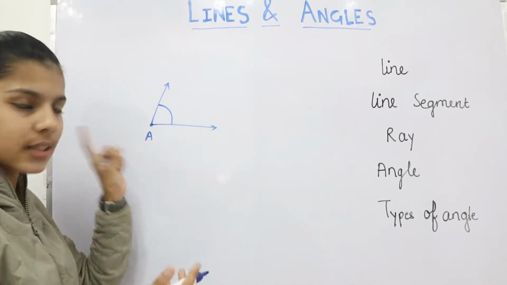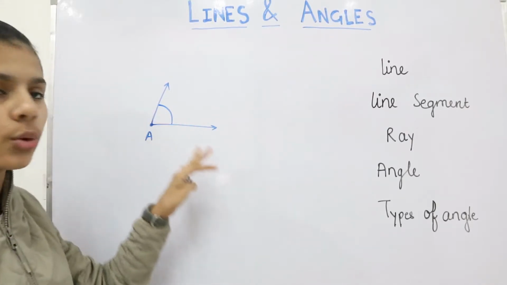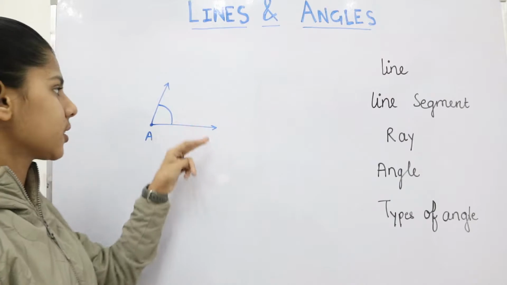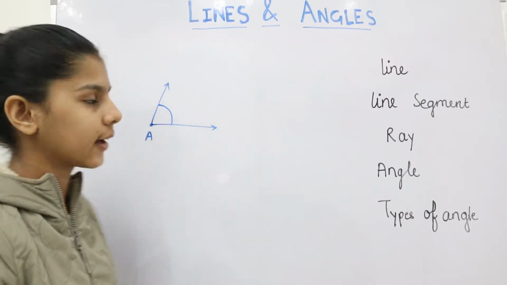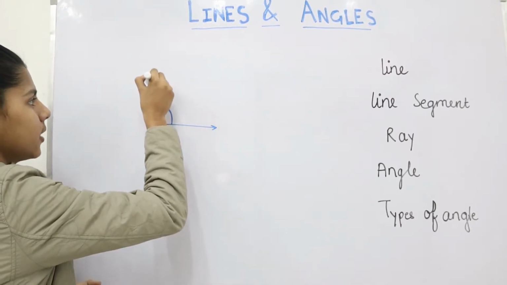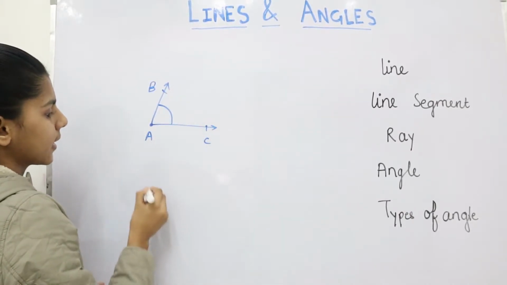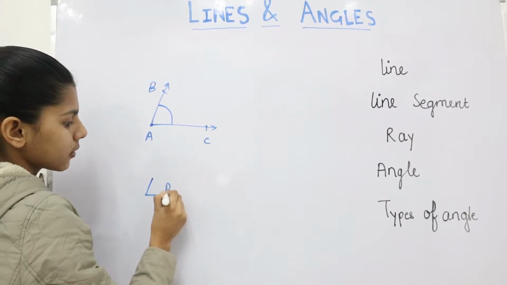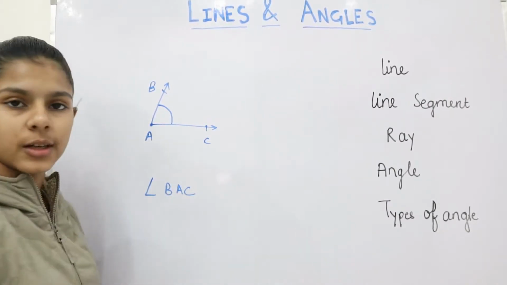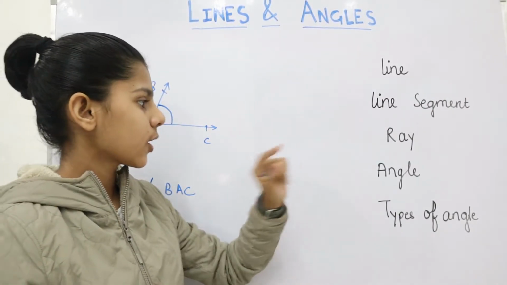It means that from a single point or vertex, when two or more rays extend, the distance between them is called the angle. Here let's name this angle: it will be B, it will be C. So this angle is BAC. We represent it like this. So this was all about angle.